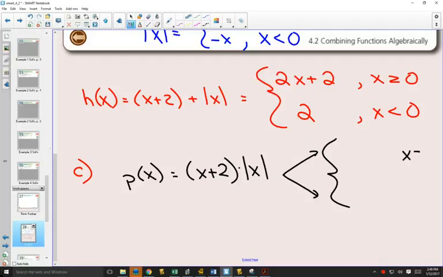When x is bigger than or equal to 0, then the absolute value of x is just x, and x times x plus 2 would be x squared plus 2x. And when x is less than 0, the absolute value of x would be negative x, and negative x times this would be negative x squared minus 2x.